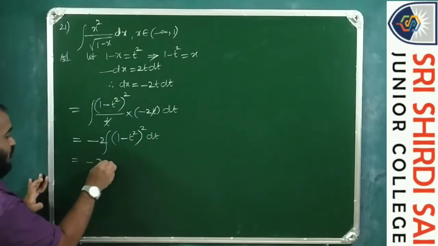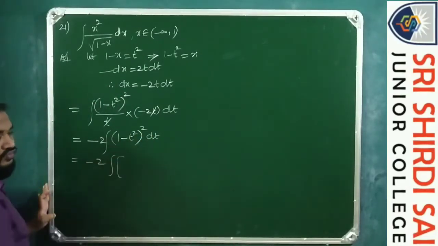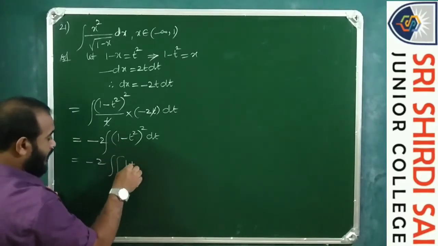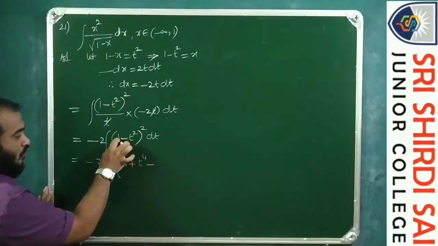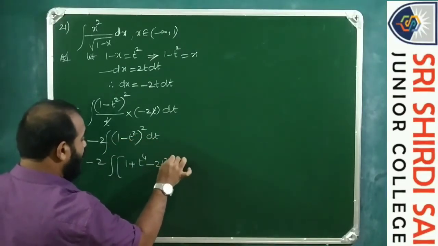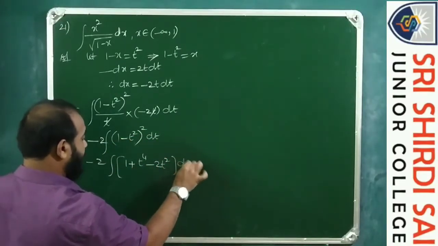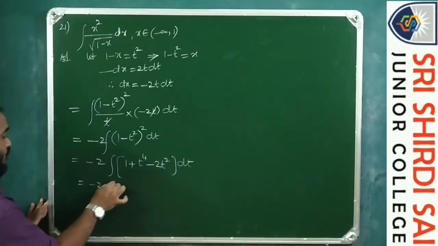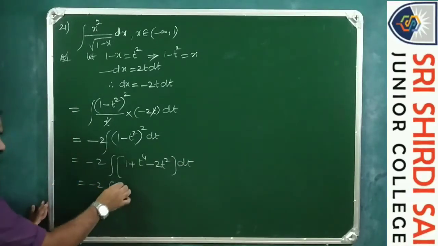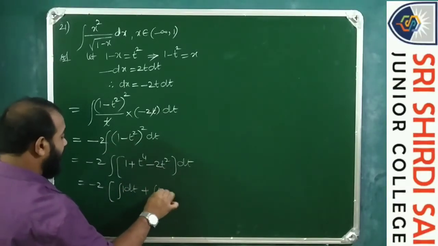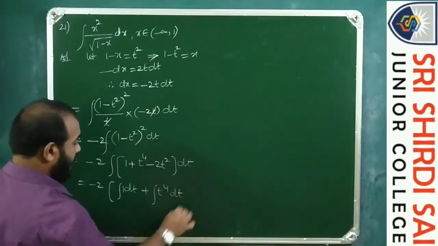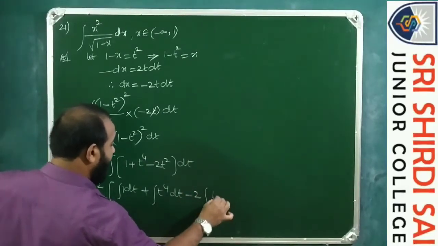So this is minus 2, a minus b whole square, 1 square, t square whole square, t power 4, minus 2ab, 2 into 1 into t square, this is 2t square dt. So this is minus 2. So this is integral 1 dt plus this is integral t power 4 dt minus 2 into this is integral t square dt.